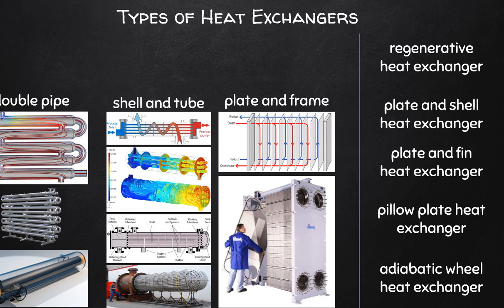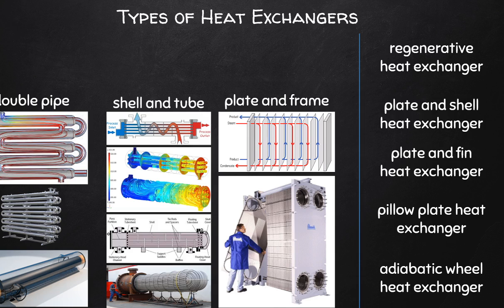Now, there exists a wide range of heat exchangers, with many principal types in use today in the chemical process and allied industries that are tailored specifically for the application. Double pipe heat exchangers are the simplest type, used both for heating and cooling, as are plate and frame heat exchangers.